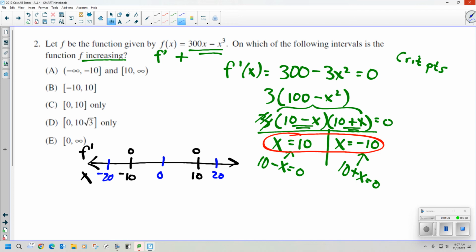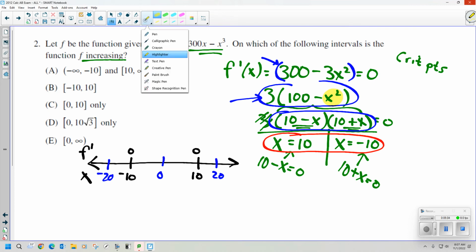So I'm going to put that into the first derivative. I could put it in this equation, I could put it in this equation, I could put it right here if I wanted to. First of all, if I put a 0 in for this x, if I put a 0 in for that, I would get 100. 100 minus 0 is 100. That's positive.